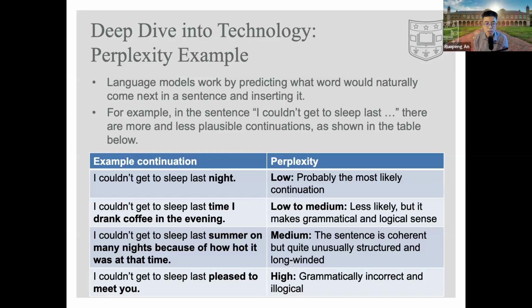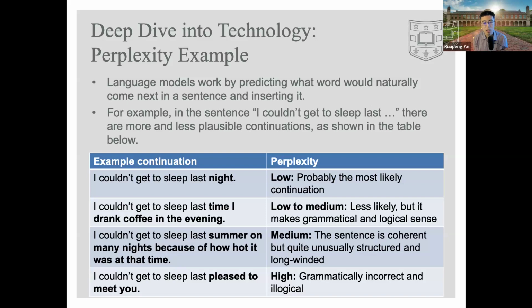"I couldn't get to sleep last summer on many nights because of how hot it was at that time." I would say this is a little harder to predict, right? So the perplexity score tends to be in the medium. The sentence is still coherent, but the structure is unusual and also long-winded.